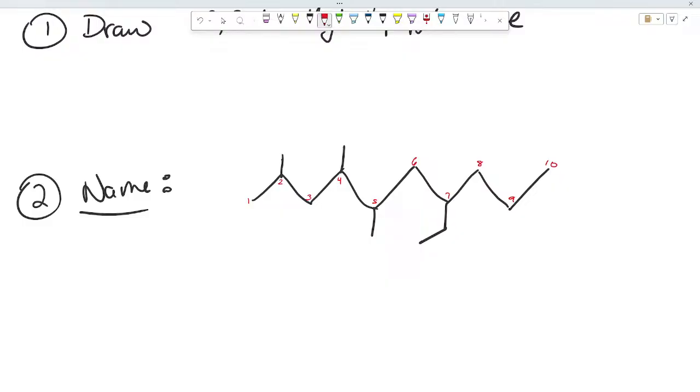So our main chain is how long? So we have a decane. And then what's on that decane? 3 methyl groups. So that will be a trimethyl, and specifically, it will be a 2,4,5 trimethyl. And then what else is there? 7-ethyl.